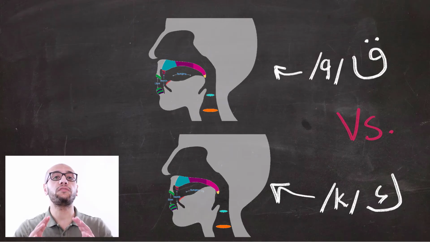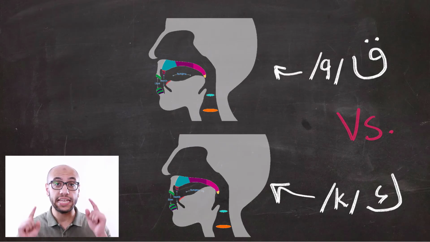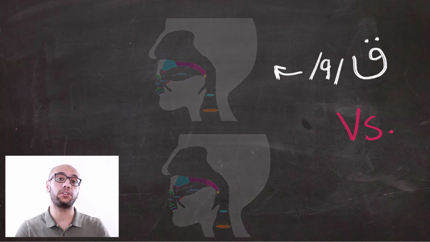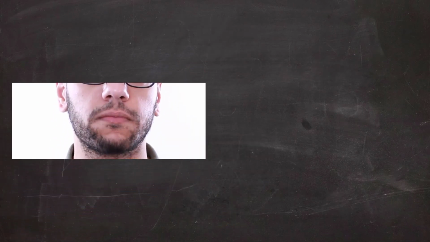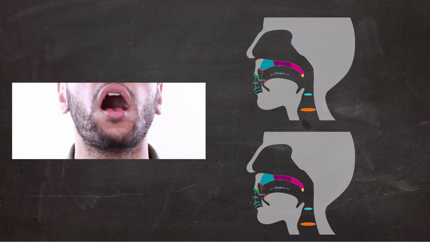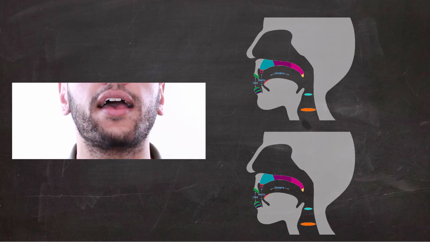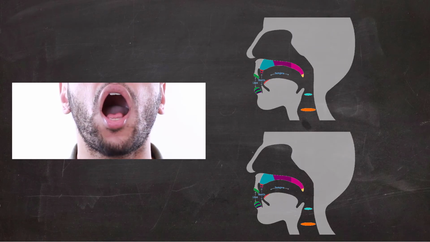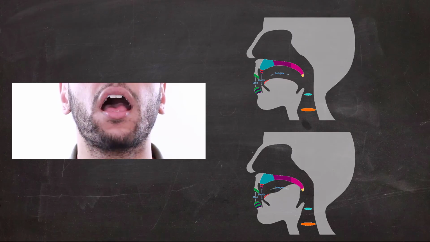Now I want you to observe the position of my tongue pronouncing the qa and ka. Compare, and most importantly, listen carefully to the difference. If you can't hear it, you can't produce it. Check this out. Qa, qa, ka, qa, ka, ka.